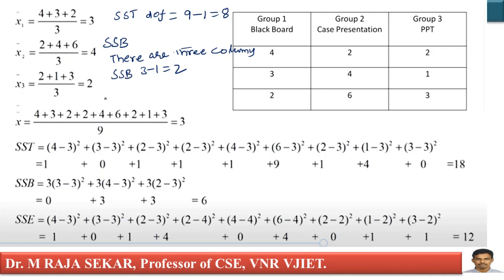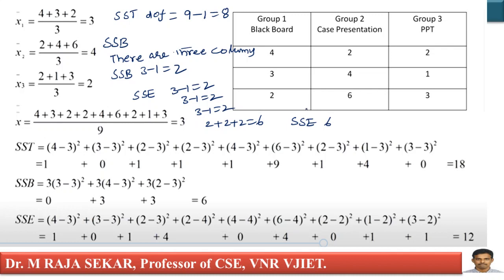For SSE, for the first column, there are 3 elements, therefore 3 minus 1 equal to 2. For the second column, there are 3 elements, 3 minus 1, 2. For the third column, there are 3 elements, 3 minus 1, 2. Therefore, 2 plus 2 plus 2, that is 6 degrees of freedom. So SSE has 6 degrees of freedom.